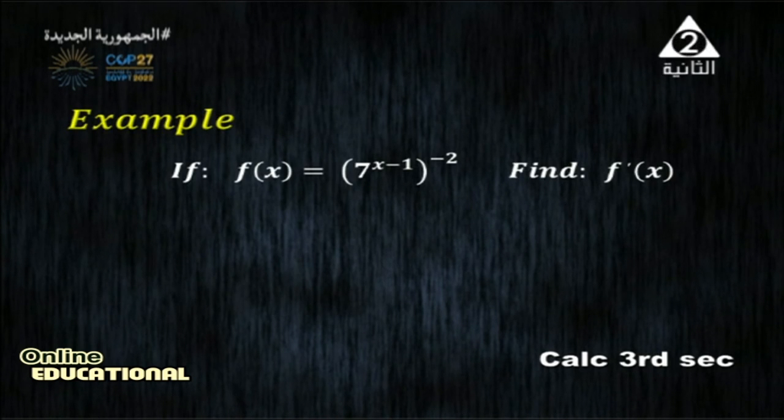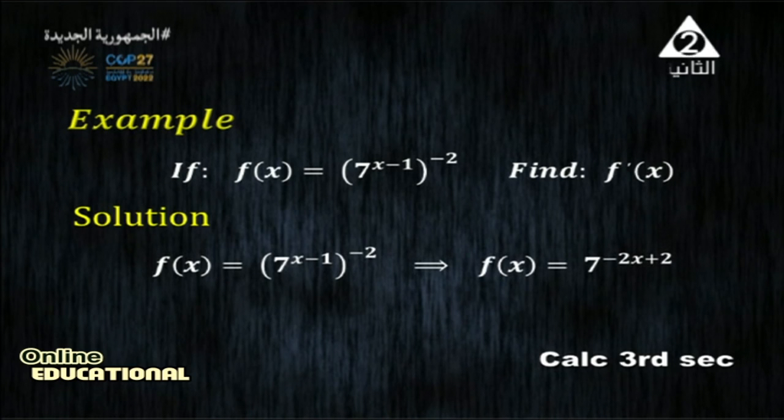Another example. If f(x) equals 7 to the power x minus 1 all to the power negative 2, find f'(x). The function f(x) equals 7 power x minus 1 all power negative 2 means the power x minus 1 multiplied by negative 2.